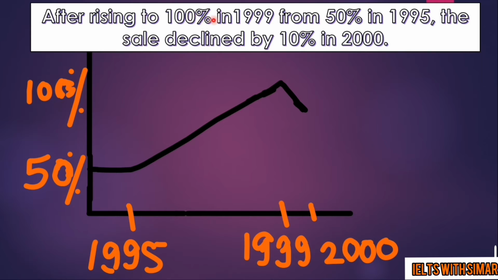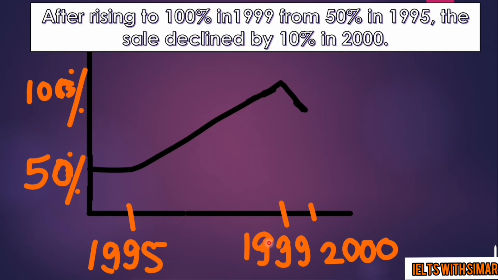After rising to 100% in 1999 from 50% in 1995, the sale declined by 10% in 2000. Now look at the graph and again read the structure. After rising to 100% in 1999 from 50% in 1995, the sale declined by 10% in 2000.